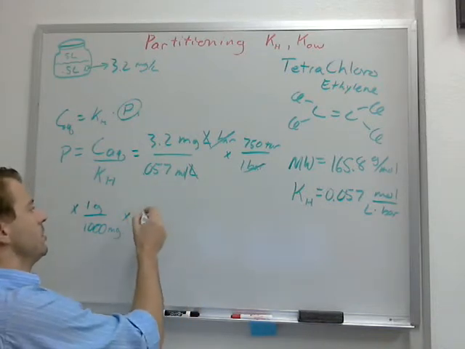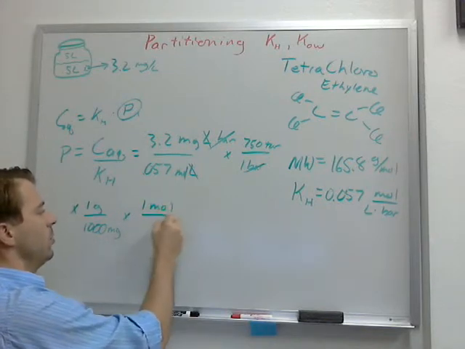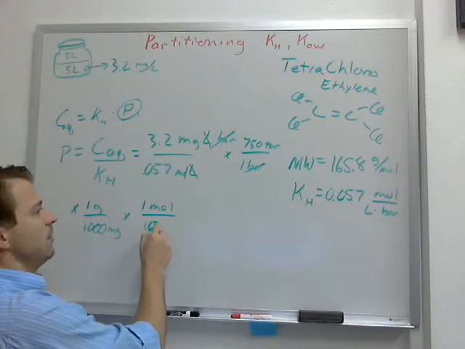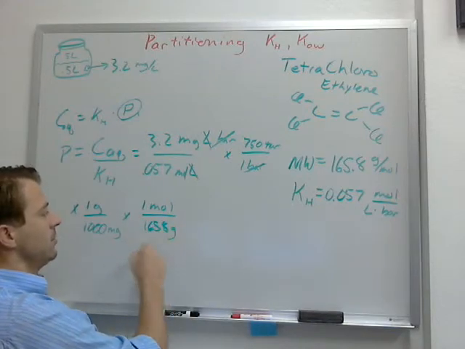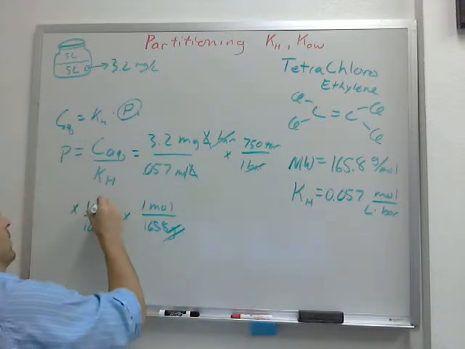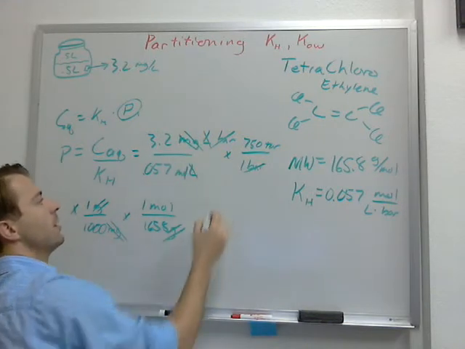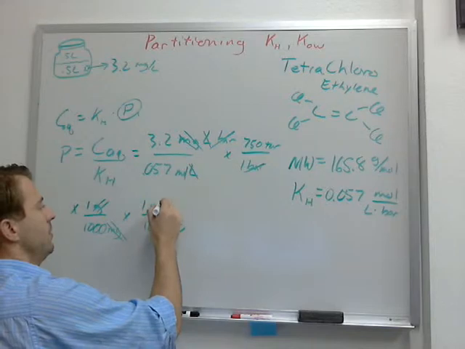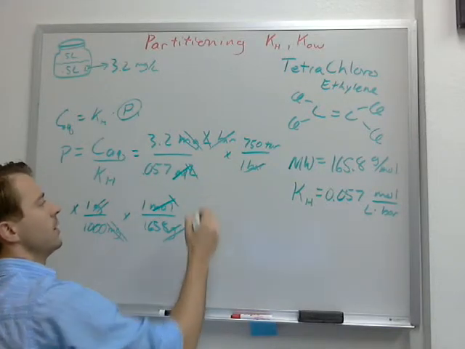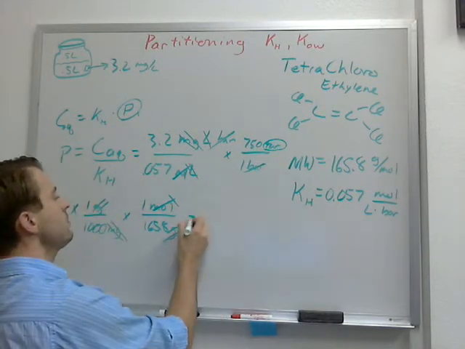And so I'm going to multiply by 1 mole per molecular weight, which is 165.8 grams. So now my grams will cancel, my milligrams cancel, and then my moles cancel, right? And so I'm just left with torr.